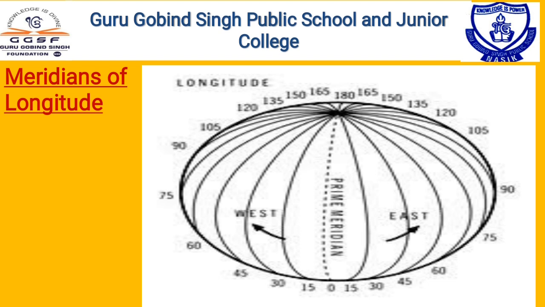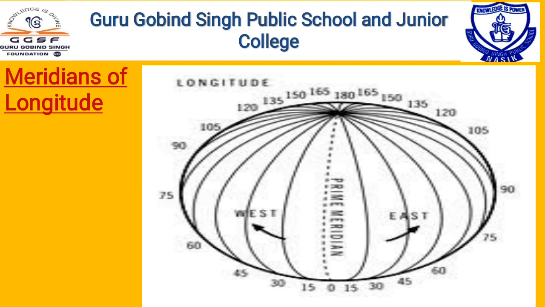Understand? So dear student, even though the size of our earth is huge, by using latitude and longitude, meaning parallels and meridians, we can tell the exact location of places on the earth. With the help of latitude and longitude, we can locate any place on our earth or globe. So how many meridians are there in total? There are 360 meridians, each at a distance of 1 degree.